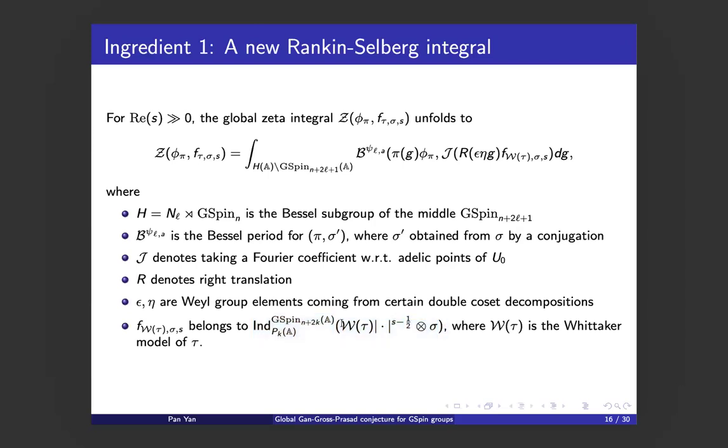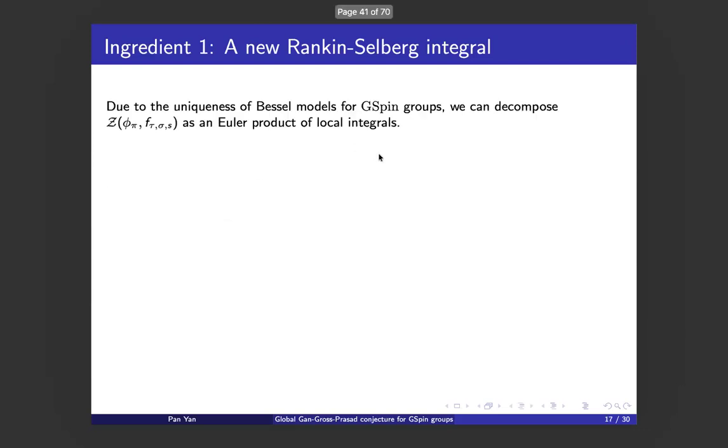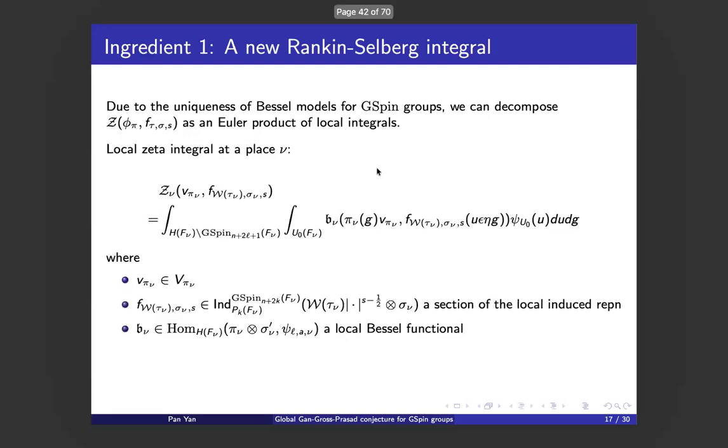This is similar to the original one, but here we take the Whittaker model of tau with respect to a generic character instead of tau. By the uniqueness of the Bessel models for GSpin groups, we can decompose the global integral as an Euler product of local integrals. The local integral at a place nu looks like the following.